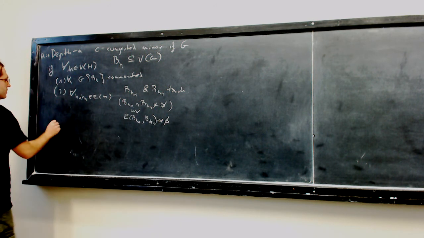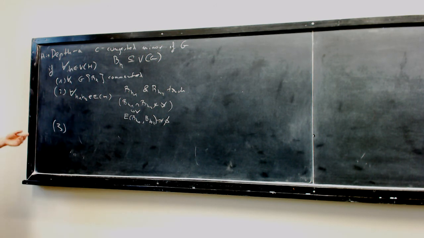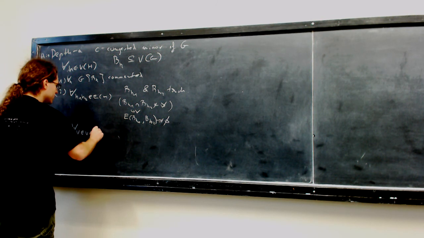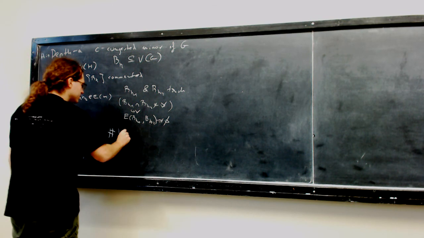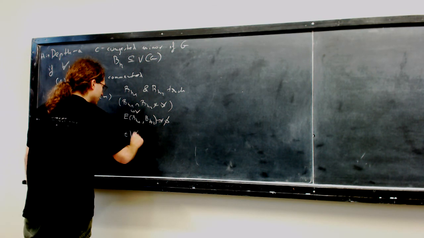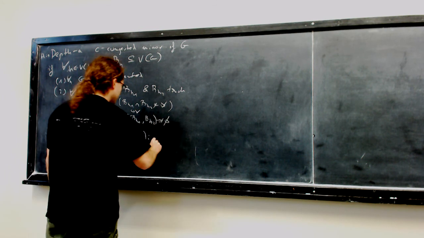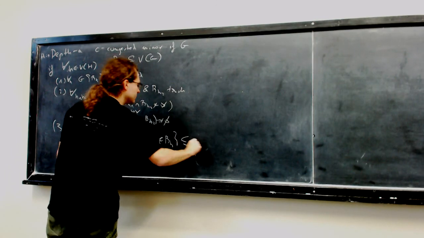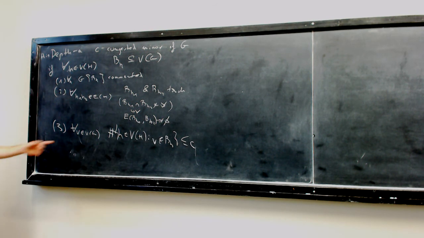Okay, and second thing, so in the normal minors, we had that they're disjoint. Here you can use every vertex up to C times. So for every v in V of G, the number of h in V of H such that v is in V_h is at most C. So we can use every vertex from G at most C times.